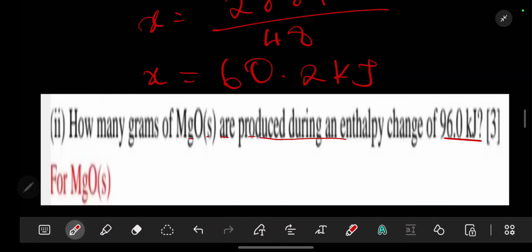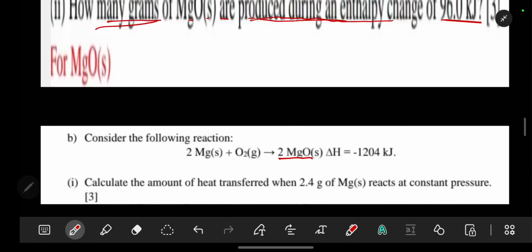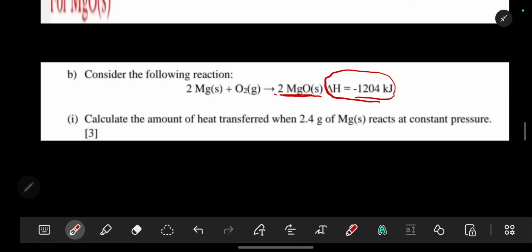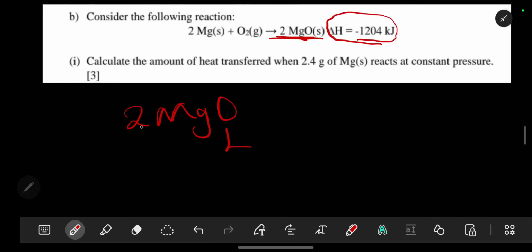Then the next one is, how many grams of magnesium oxide are produced during an enthalpy change of this? How many grams? So they want a mass. You are going to use the same thing, but you are focusing on this. So 2 moles of magnesium oxide will produce this amount of energy or enthalpy change. So you are going to say 2 of magnesium oxide, and you will multiply by 2.